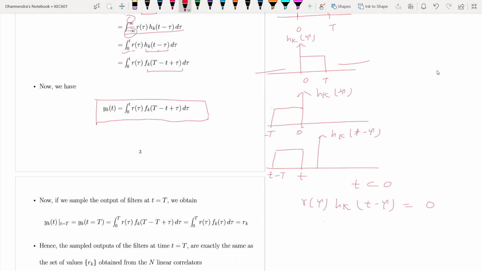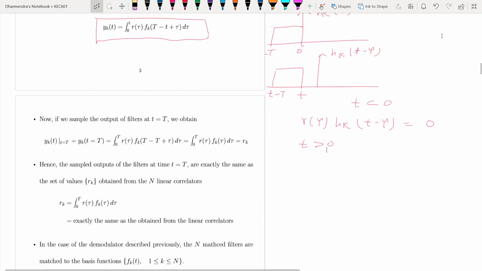Also, for t greater than 0, it will be like this: t minus capital T, this is t, this is h k of t minus tau for t greater than 0.